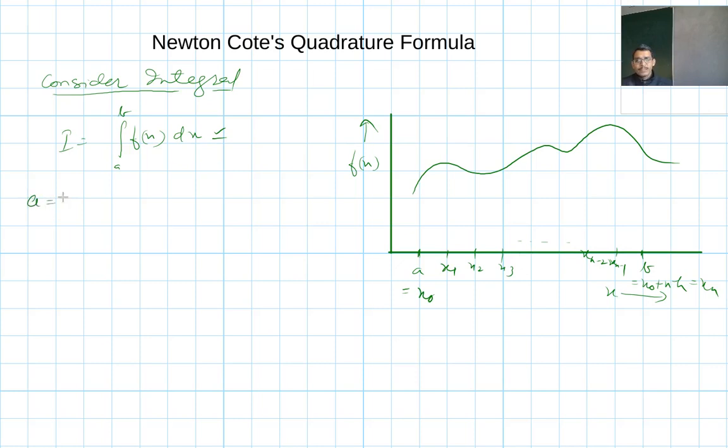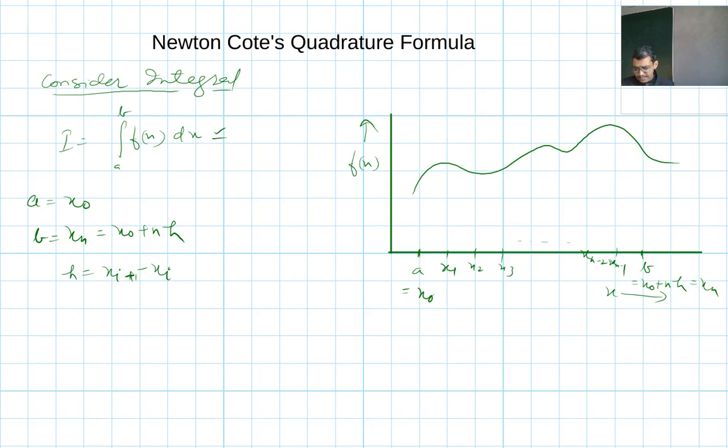Here a is x naught and b is xn, which is x naught plus nh because we have subdivided it into n intervals, each of width h, where h is xi plus 1 minus xi. This is the width of each interval which we have taken.